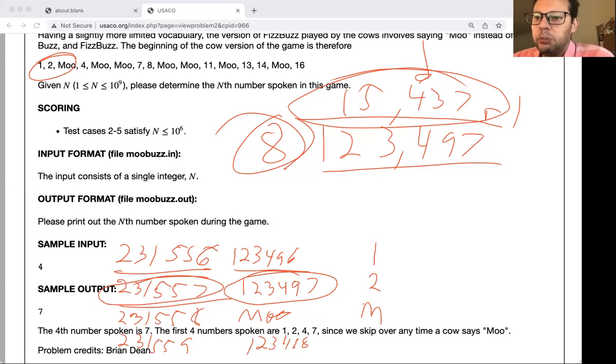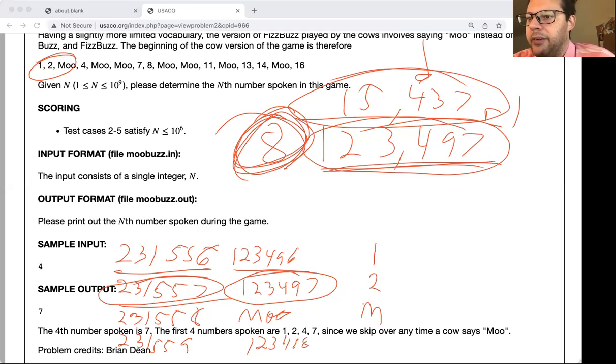So to recap, whatever number it is, if I want the 123,497th number or whatever it is, I first divide by 8 to figure out how many blocks I'm going to skip, because I've got 8 spoken numbers per block. That tells me how many blocks I'm going to have to go through to get to that value. It comes up with this many blocks, 15,437, which I can multiply by 15.